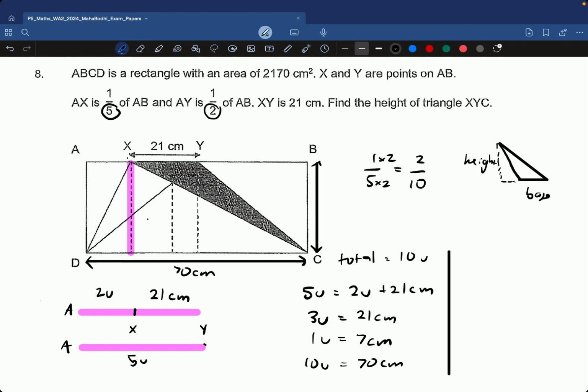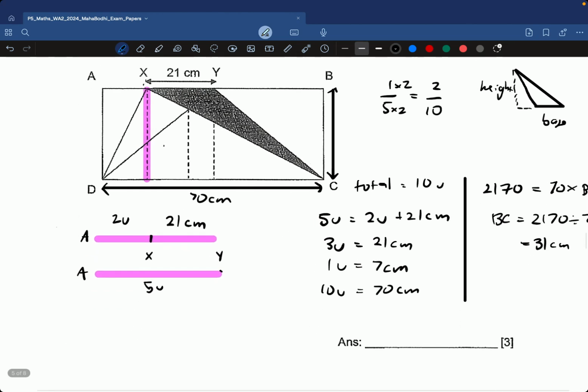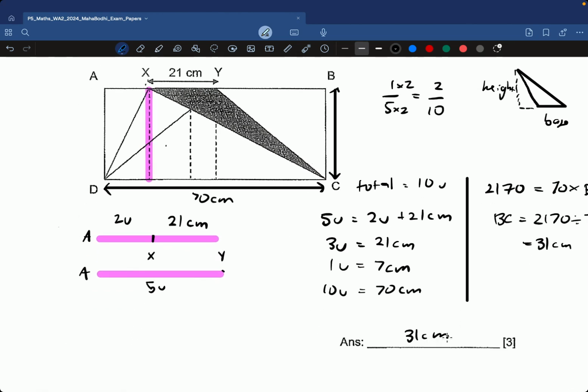So the area 2170 is equal to 70 times the height, which is BC. So BC is equal to 2170 divided by 70, and this will give us 31 centimeters. So the answer to the height of triangle XYC is 31 centimeters.